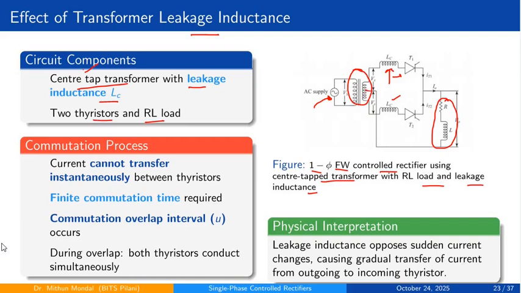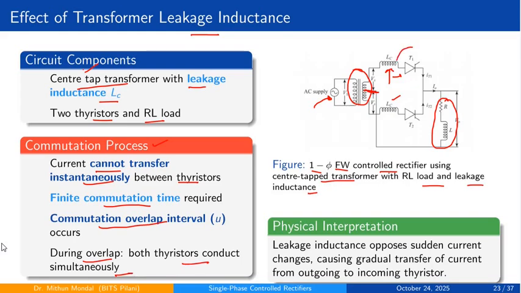Here the output of the secondary is center tapped, which is connected to the load. If we talk about the commutation process, the current cannot transfer instantly between the two thyristors, and hence a finite commutation time is required. The commutation overlap interval U occurs, and during the overlap both thyristors conduct simultaneously.